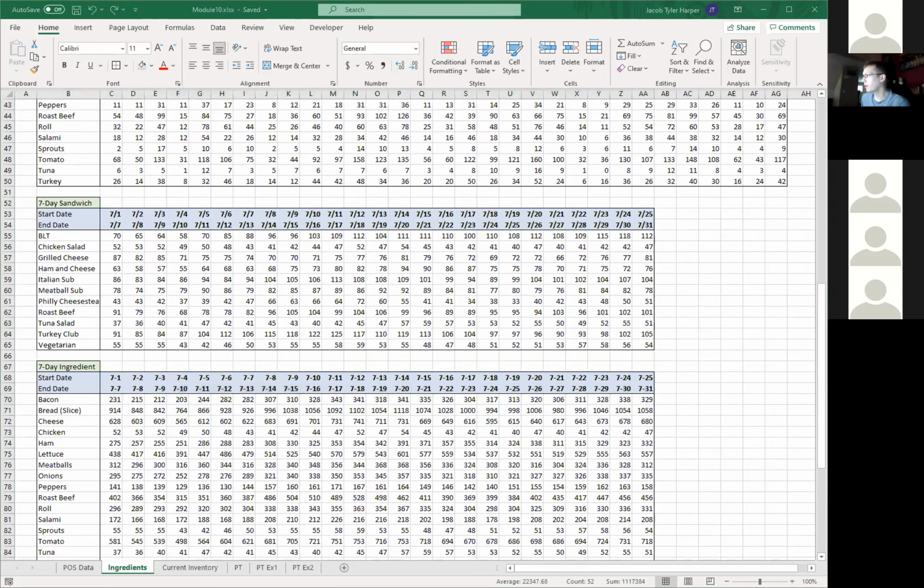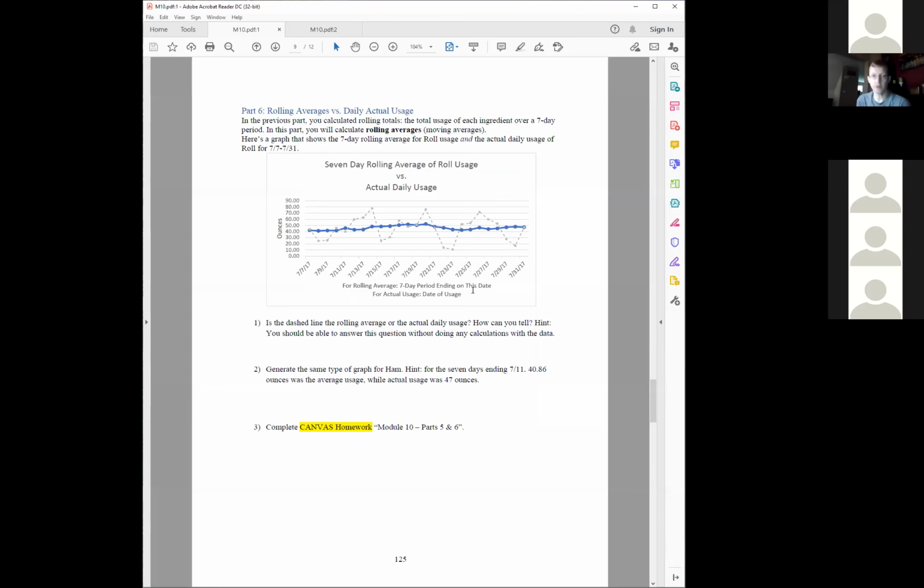Then in part 6, it's very similar to part 5, except instead of doing 7-day totals, you're going to be doing 7-day averages.